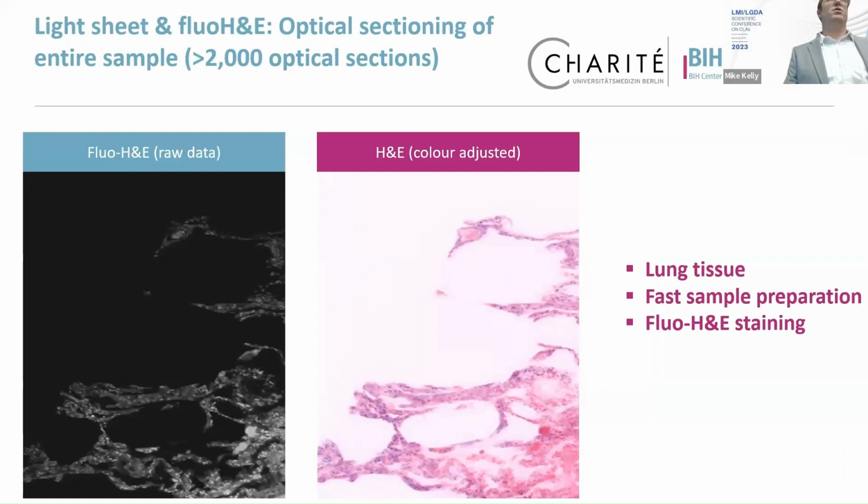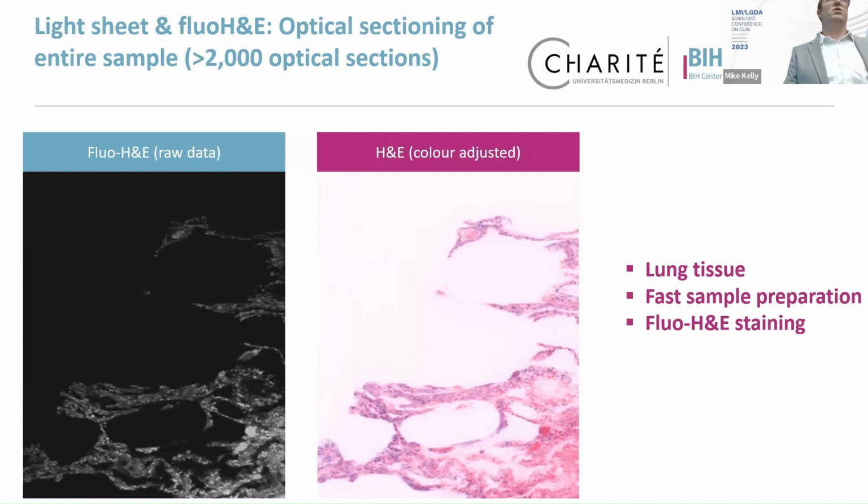Because lymphatic malformations can also happen in lung tissue, we decided to visualize lung samples too. So these are healthy control lung biopsies, and we stained for fluorescent H&E staining. We did this kind of color adjustment because if you want to convince pathologists, you need to choose the right colors, because otherwise they will tell you, well, we are trained for 150 years seeing these pinkish blue structures.